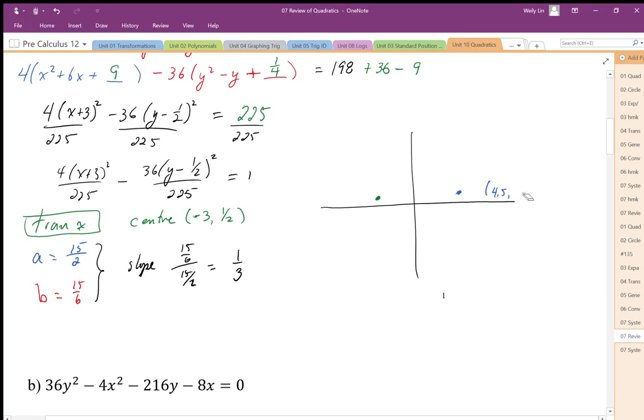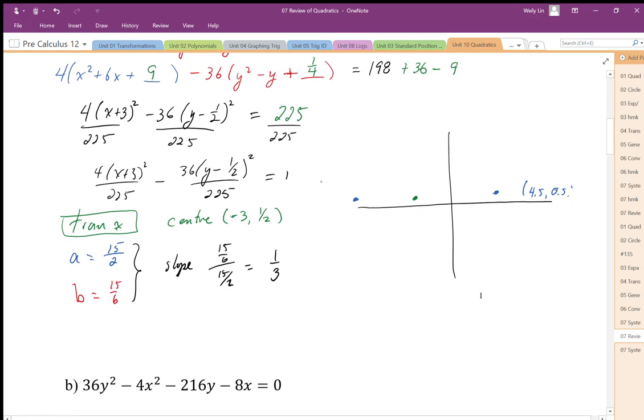Let's just keep it as decimals, 4.5 and 0.5. Going this way from the center, which was -3, we go 7.5 this way. So let's say that is going to be -10.5 and 0.5 as a y coordinate. Okay, so that's the vertex there.